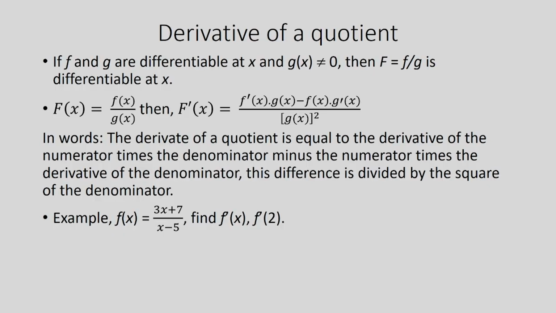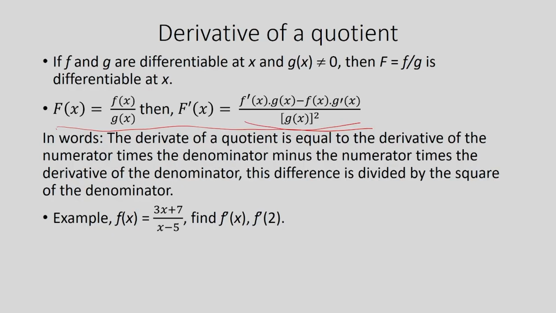Now, if it is differentiable, then what is the derivative? That is given in the next line. So, we have F(x) equal to f(x) divided by g(x), and F dashed of x is given by this expression: f dashed of x multiplied by g(x) minus f(x) multiplied by g dashed of x, divided by g(x) whole square.